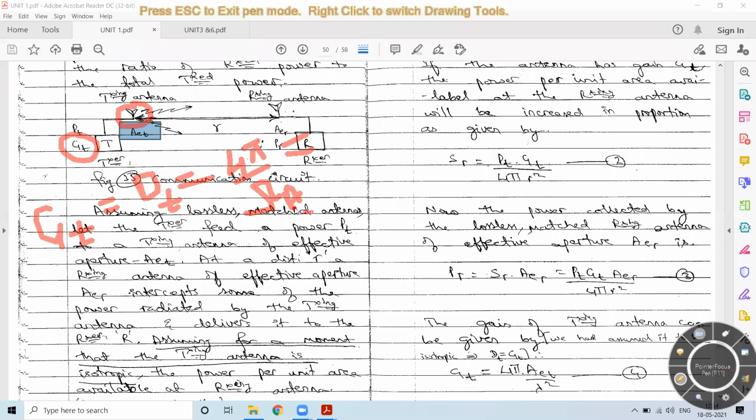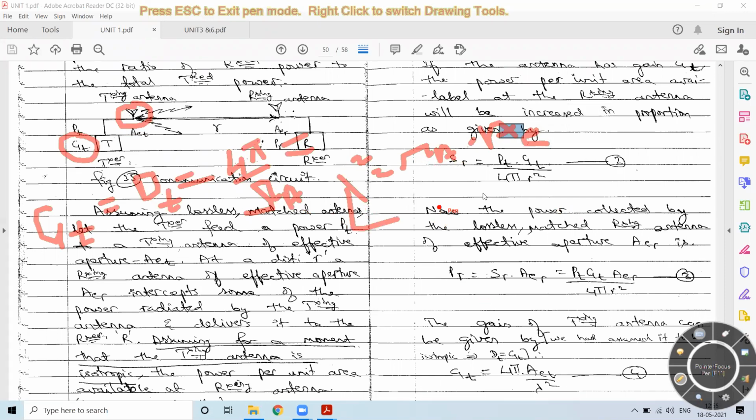We had seen a relation that the product of omega A and effective aperture is equal to lambda square.